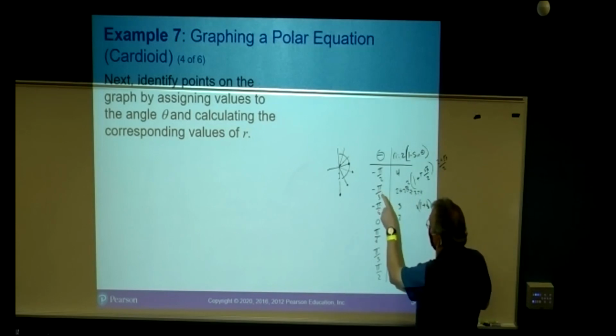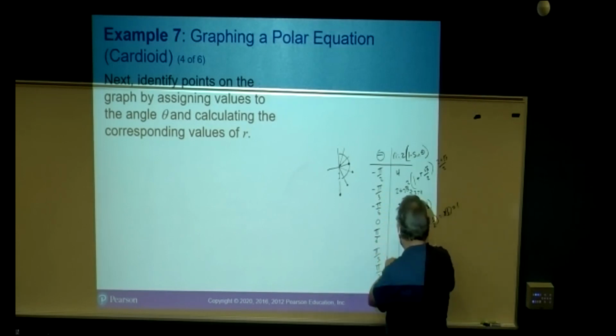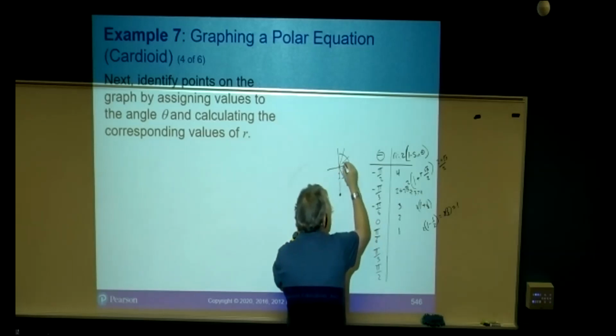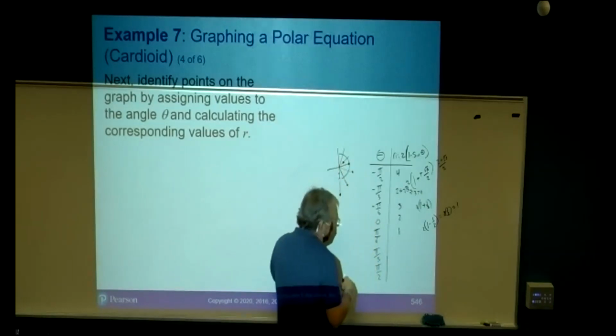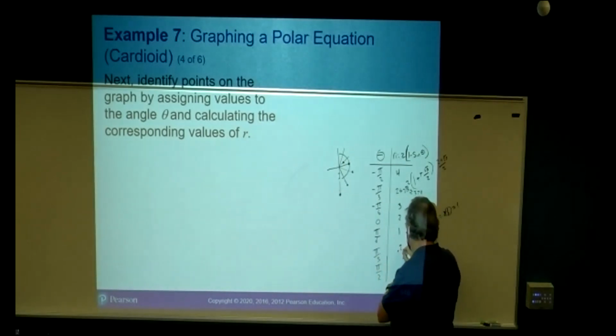Sine of pi over 6 is a positive 1/2. So this is 1 minus 1/2 times 2, which is 2 times 1/2, which is 1. So this is 1 here. So it's not that point there, it's this point here. And then at pi over 3, that's where we get the 0.24.